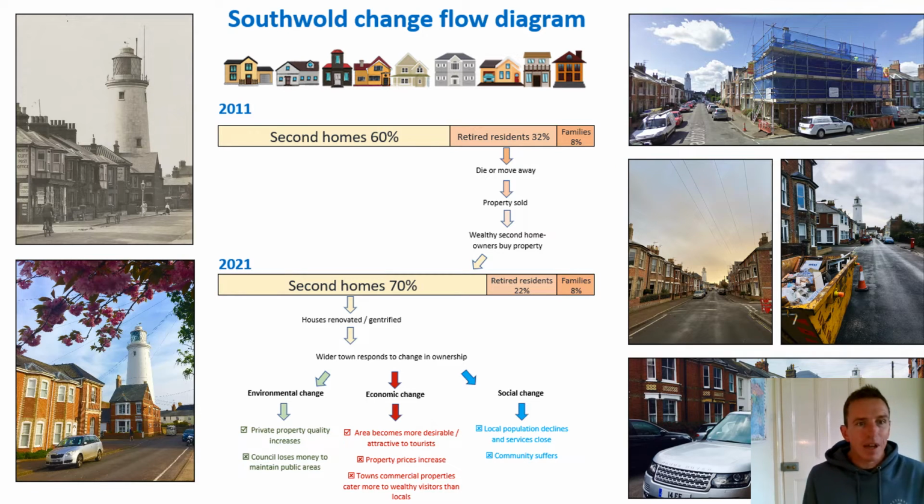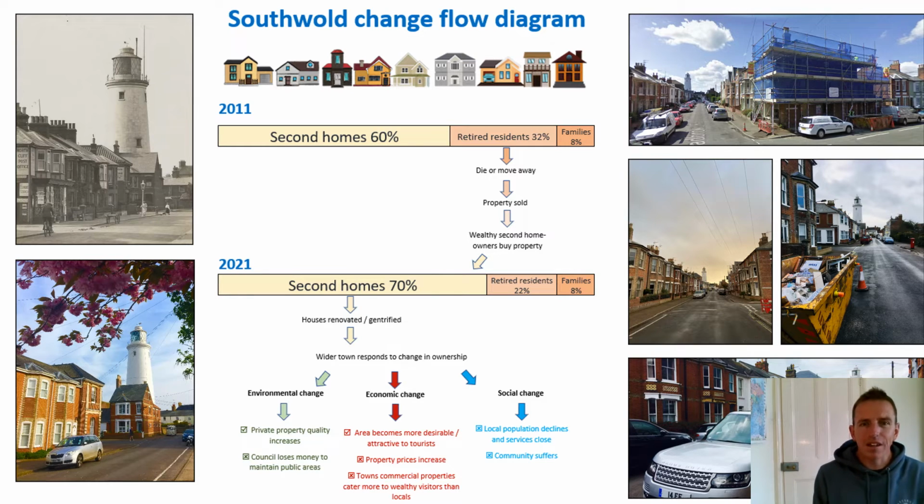Now, at the other end of the spectrum, if you choose to visit Southwold in somewhere like November or January, outside the main tourist season and in the depths of winter, Southwold can be a very strange place midweek and certainly midday. But actually, when night falls in Southwold in the winter months, it can be quite eerie.